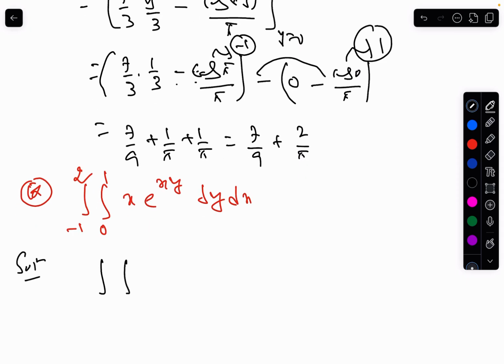So here, 0 to 1, -1 to 2, x e power xy dy dx.